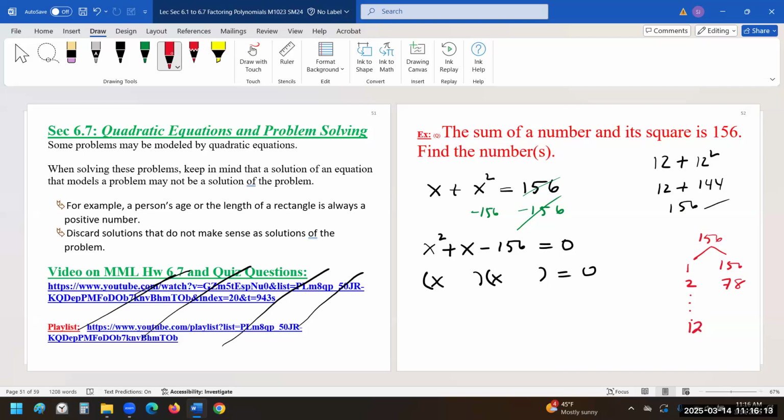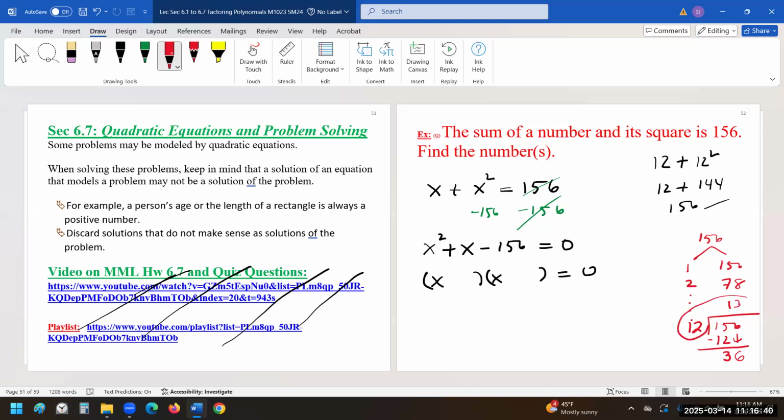Now, 12 goes into 156 how many times? Let's do the math here. 12 goes into 15 how many times? Once. So you subtract, and what is 15 minus 12? 3. We bring down our 6, so you get 36. 12 goes into 36 how many times? 3 times.